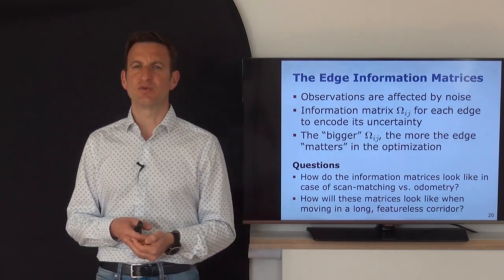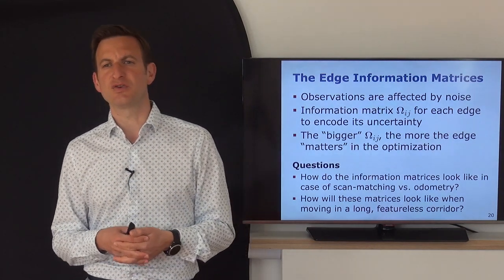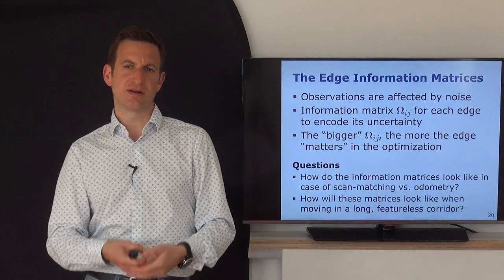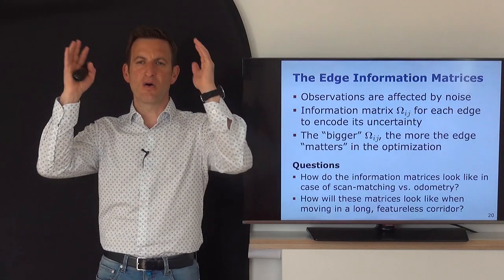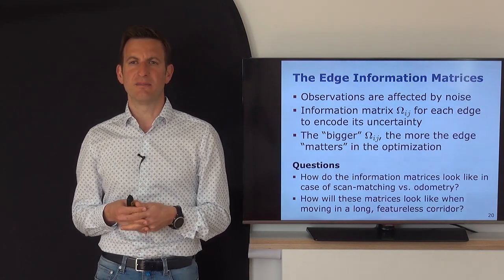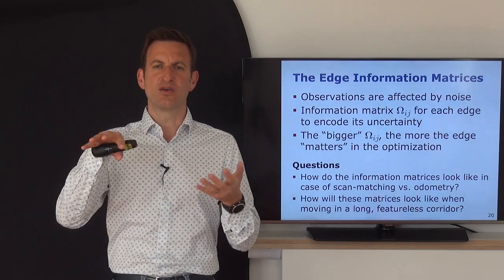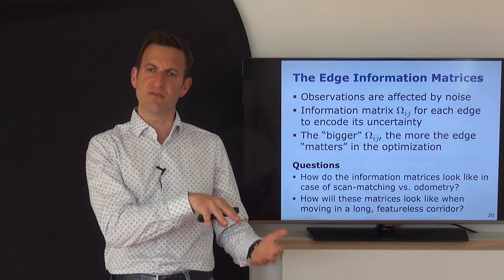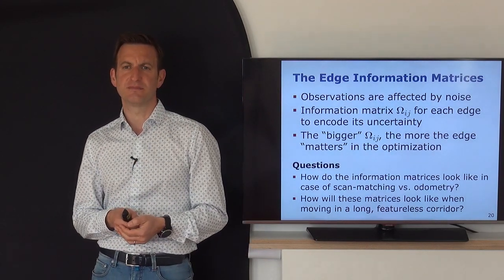The other thing which would be relevant: if you think about ICP and you make this scan alignment, and you have a robot which drives along a very, very long corridor, and this corridor is, let's say, very sparse of features, just long walls, how would this information matrix look? Thinking about those questions allows you to understand how you can relate your observations, and the information you can extract from them, to this graph construction here.